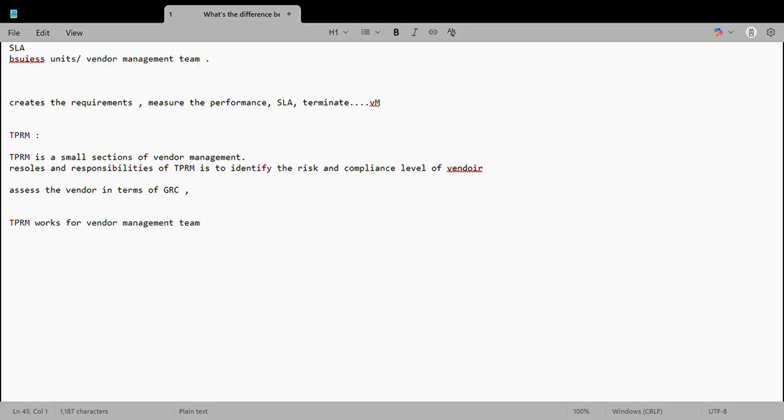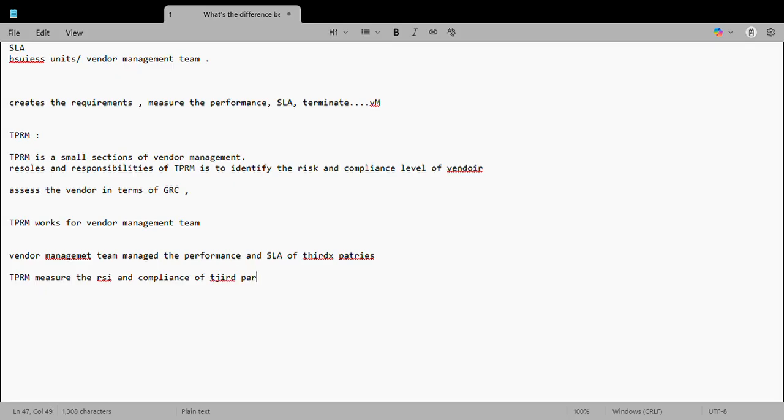So if I outline once again, the vendor management team manages the performance and SLA of third parties, but TPRM measures the risk and compliance of third parties.